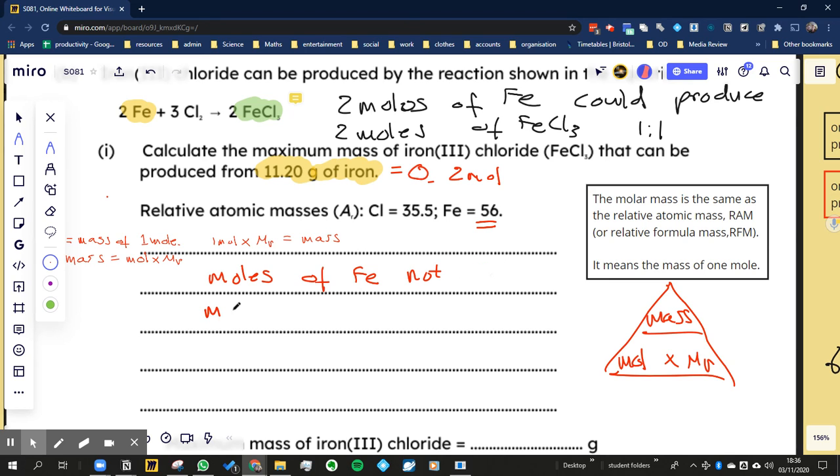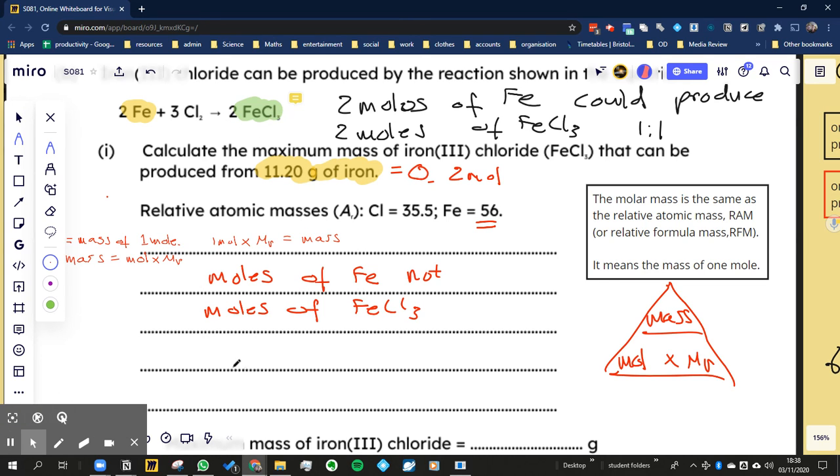Now what I'm doing is calculating the moles of FeCl3. Oh yes, sorry, I'm not looking at this 3, I'm looking at that 3. Yeah, I see what you mean.